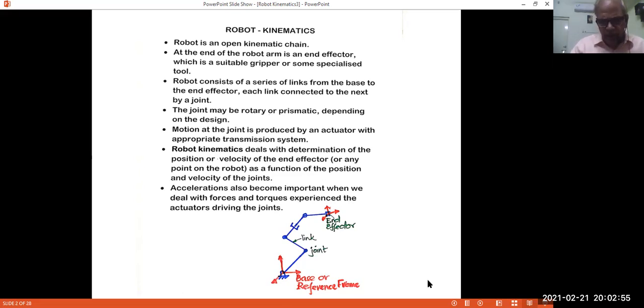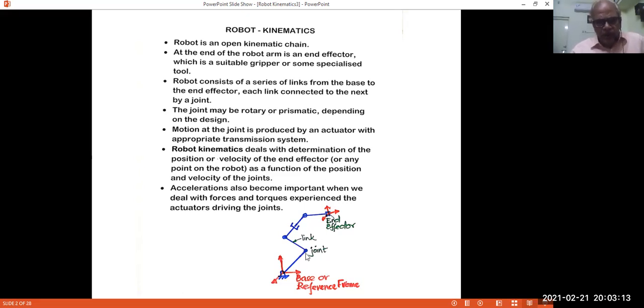So we talk about the orientation of the frame and the position of the origin of the frame. To describe it uniquely, we will need 6 degrees of freedom.